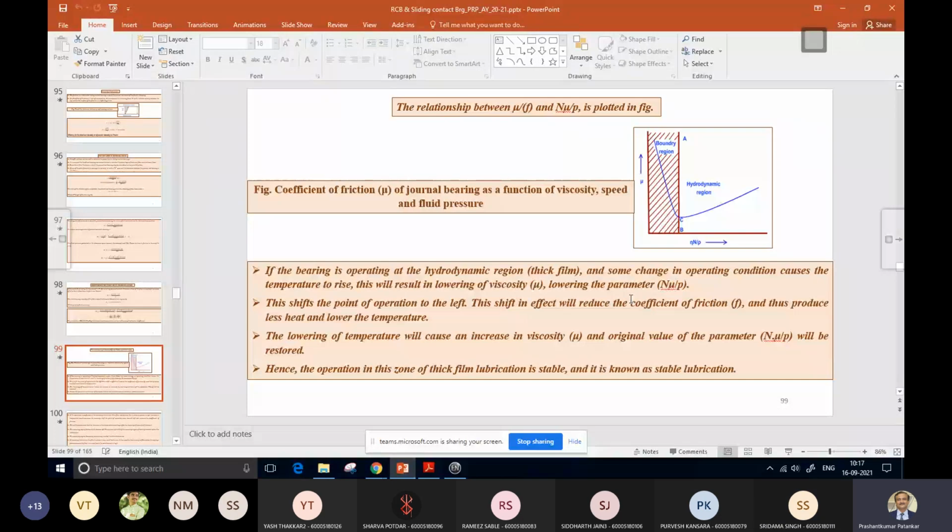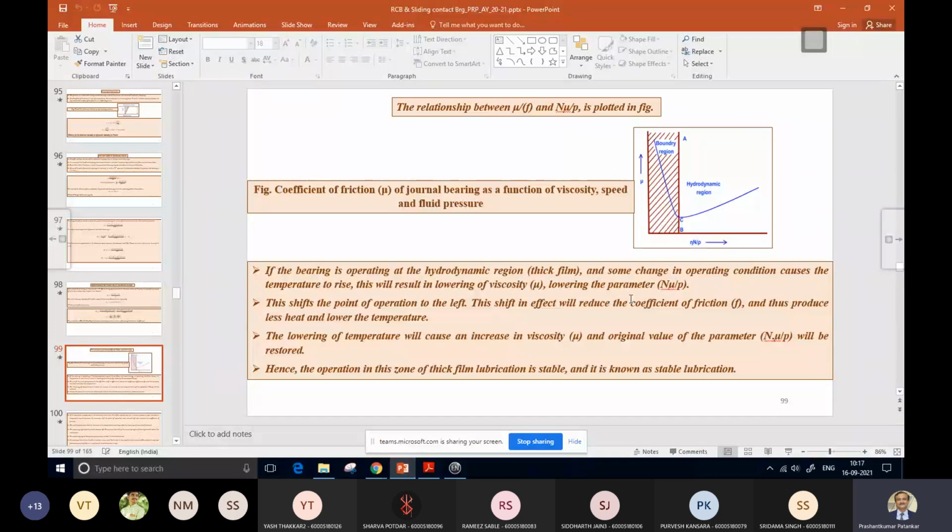Yes, sir. So what I am saying is that in the case of liquid lubricants, with an increase in temperature, the viscosity is going to decrease. And also there will be an increase in heat as the temperature increases. So the heat generated is also going to increase.